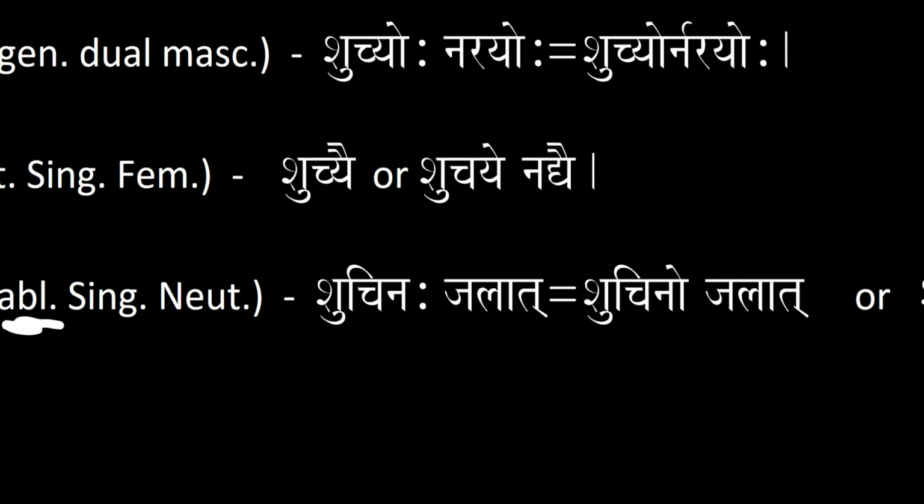So you have suchinaha jalat for ablative singular, and with the sandhi it becomes suchino jalat, because when a visarga is preceded by a and followed by a soft consonant, it changes to an o.